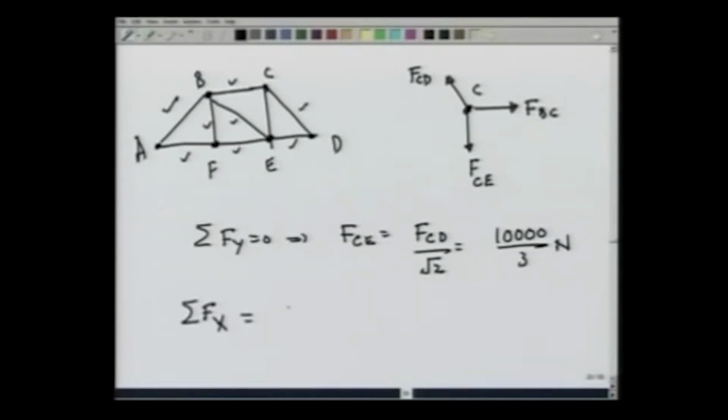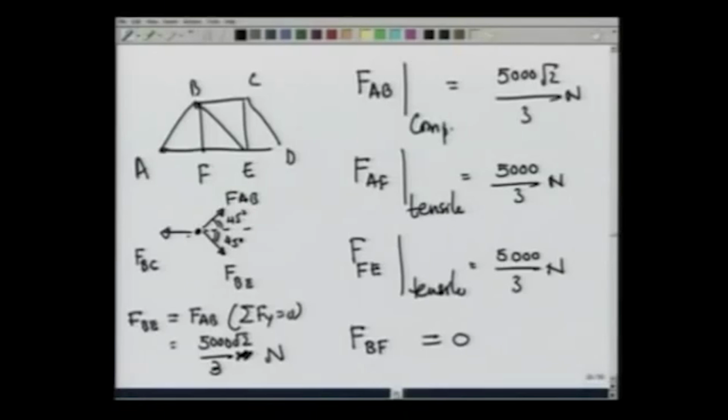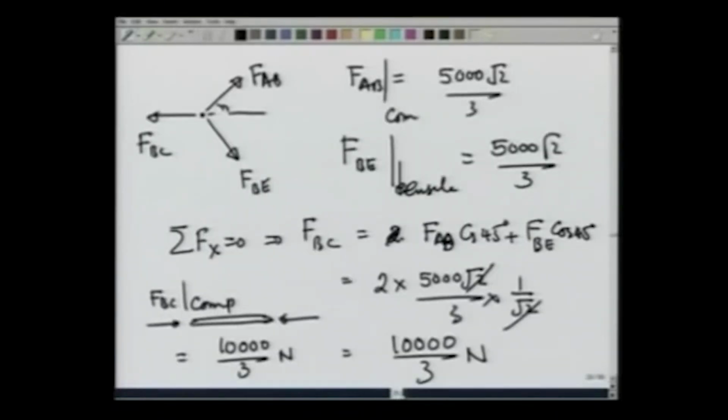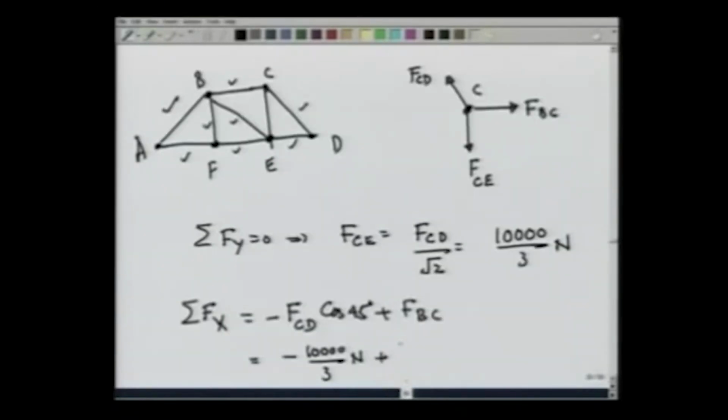And that it does, because this is FCD with a negative sign, cosine of 45 degrees, plus FBC. FCD was calculated to be 10,000 over 3 root 2. So, this comes out to be minus 10,000 over 3 newtons, plus FBC, which from the previous slides was calculated to be 10,000 over 3 newtons, which is 0. So, we are consistent in our calculations.